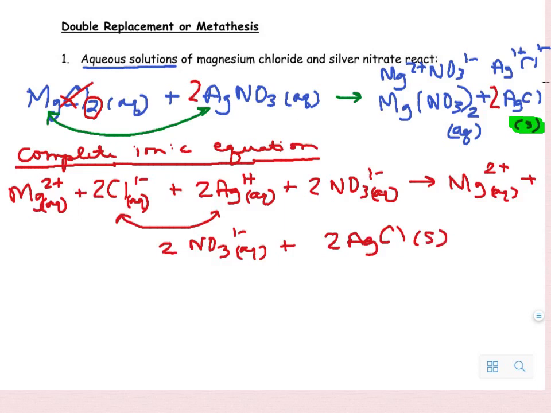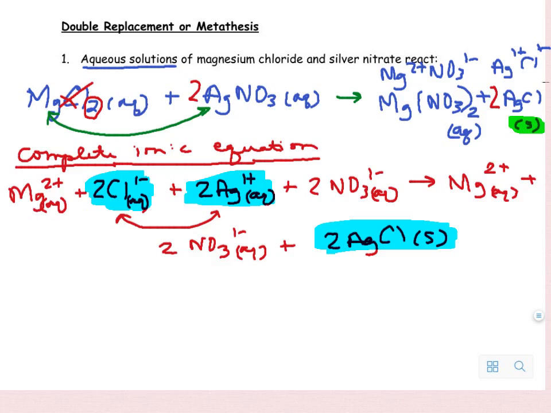I'm going to highlight the precipitate. Precipitate is the 2 silver chlorides. What made that compound was the fact that I had 2 silver ions from one beaker reacting with the 2 chloride ions from the other beaker, and they came together and made the product.